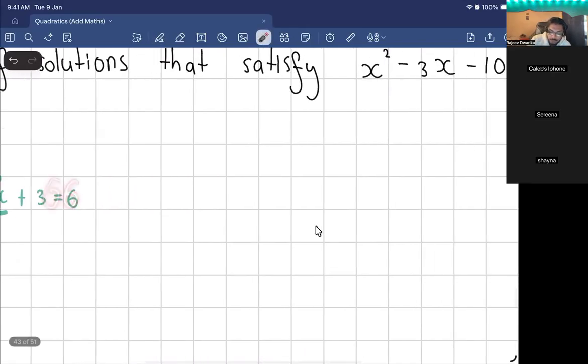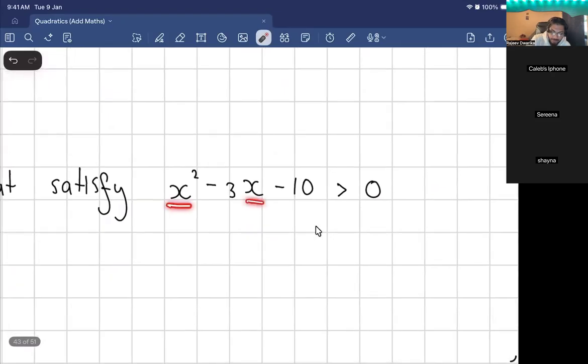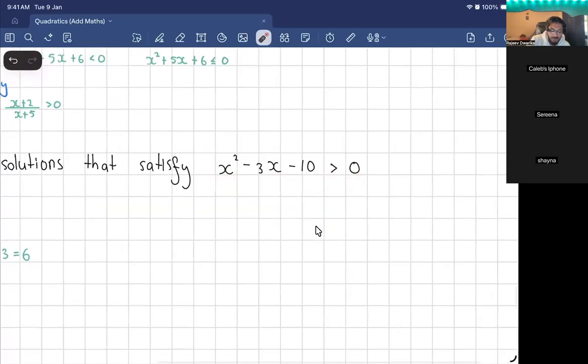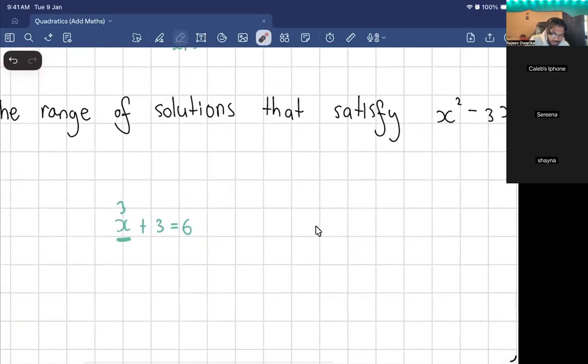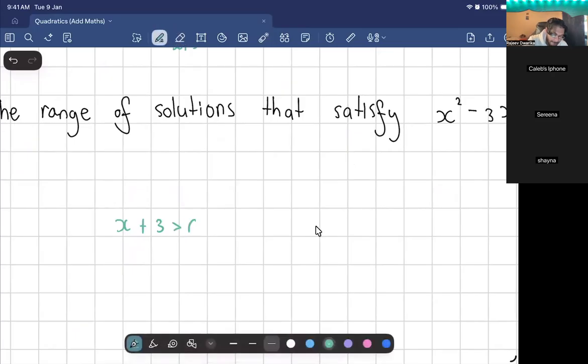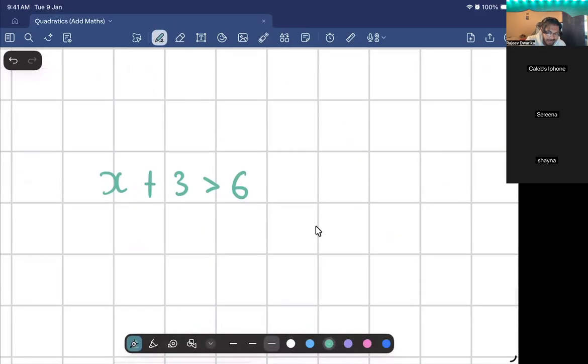So we want to figure out the values for x that when I plug it in, it would be more than 0. So that's going to be a range of solutions. For instance, if I change this equal sign to a more than sign, tell me some values I could add to 3 that'll be more than 6. 4, 5.